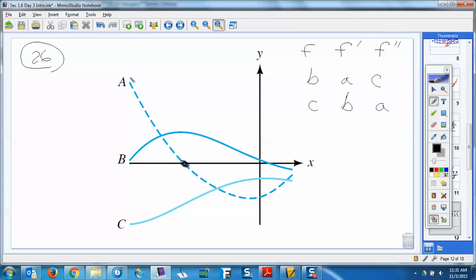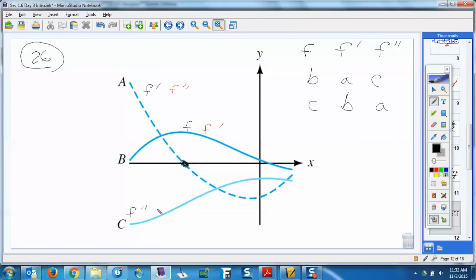So one possibility for sure is that this is F prime and that this is F. But that also could be F double prime, and this F prime. Remember, F and F prime have the same connections as F prime and F double prime. But let's go with that first one that I said. All right, let's go with the black. So that would make this one F double prime.